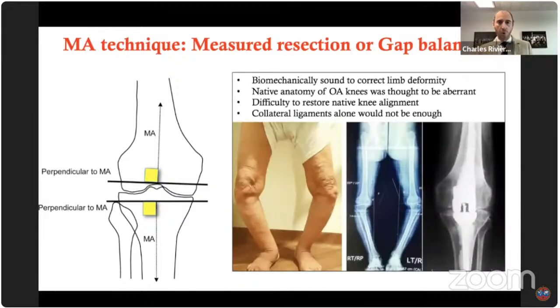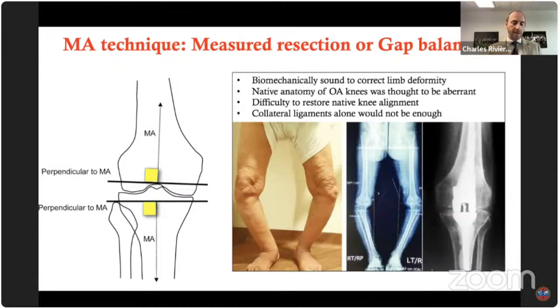It's important to understand why the MA technique was developed. First, 50 years ago, patients had severe arthritis, severe deformity, and clearly it was found to correct those deformities from a biomechanical point of view. Second, it was perceived as very difficult and probably impossible to restore the native anatomy of the knee, because there was a lot of bone loss and very severe arthritis, because treatments for arthritis were quite poor at that time.